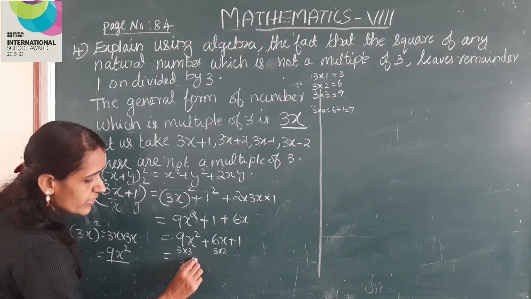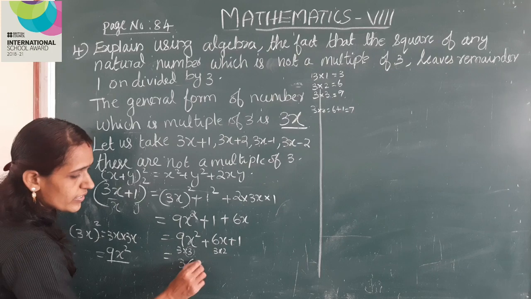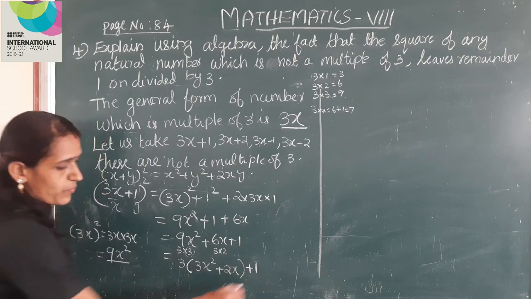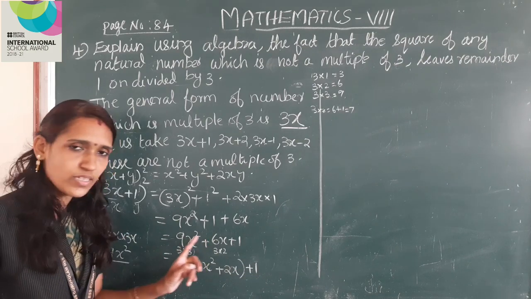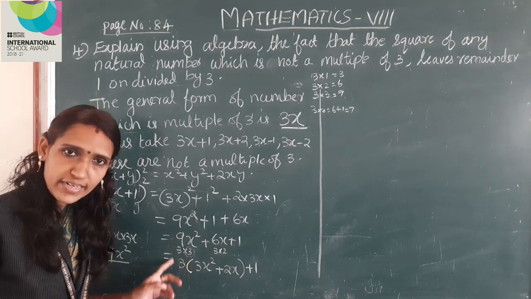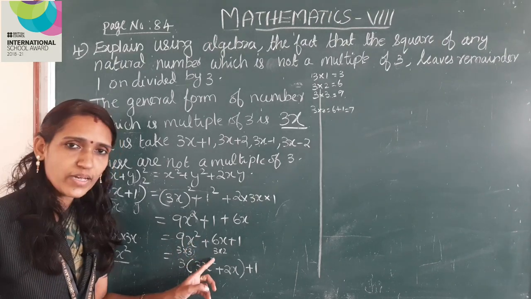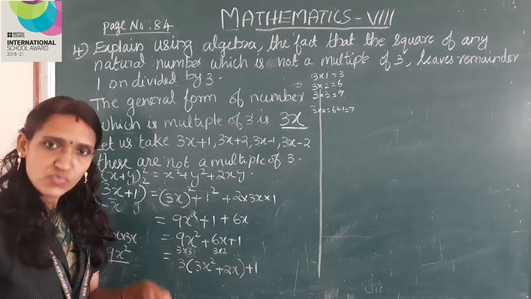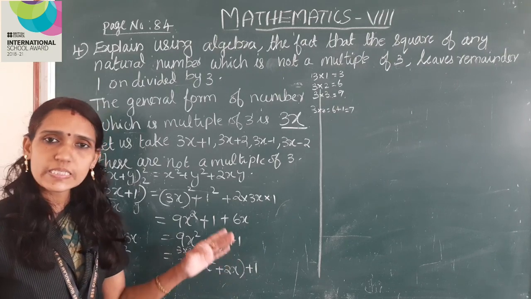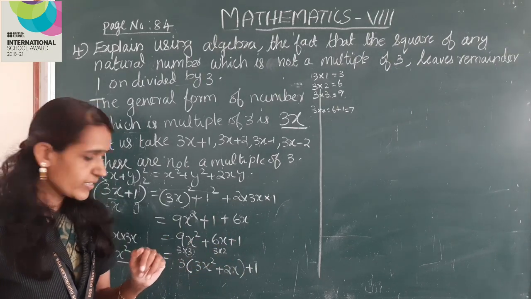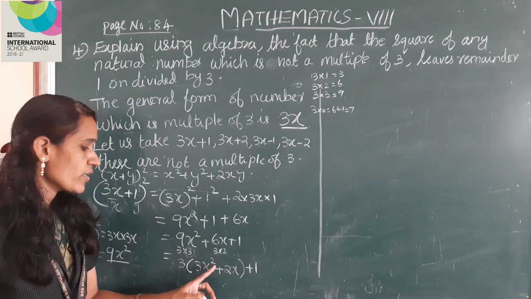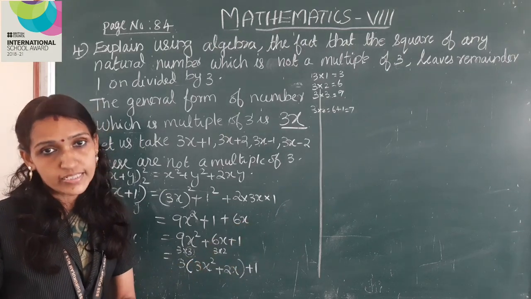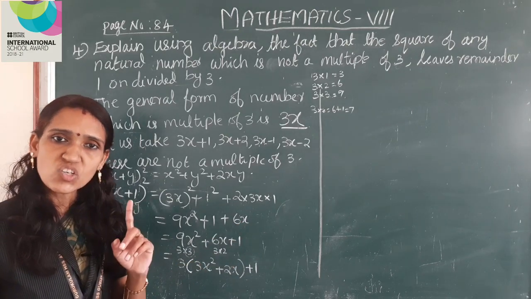So take outside 3 into remaining 3x square plus 2x plus 1. Okay, from this, 3 into 3x square plus 2x is a multiple of 3. That is, 3 into 3x square plus 2x plus 1 divided by 3 gives remainder 1.